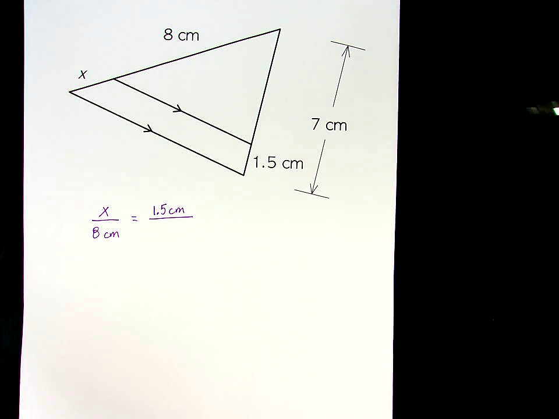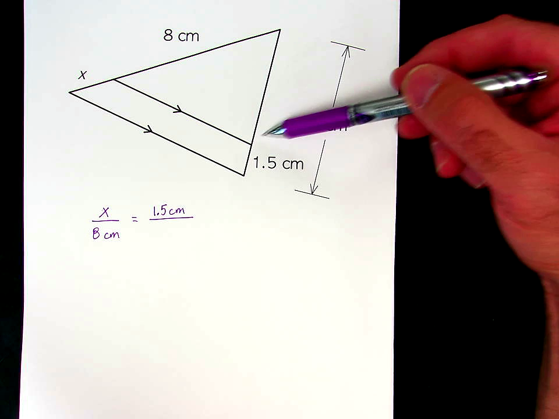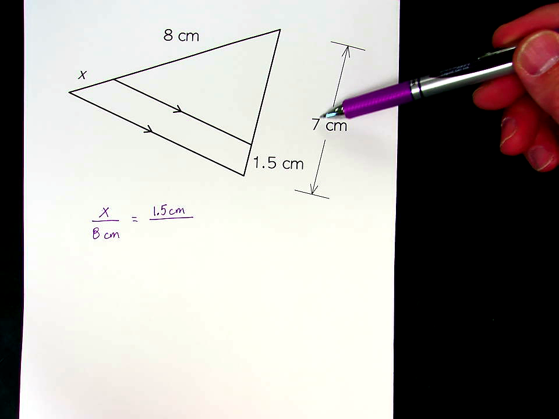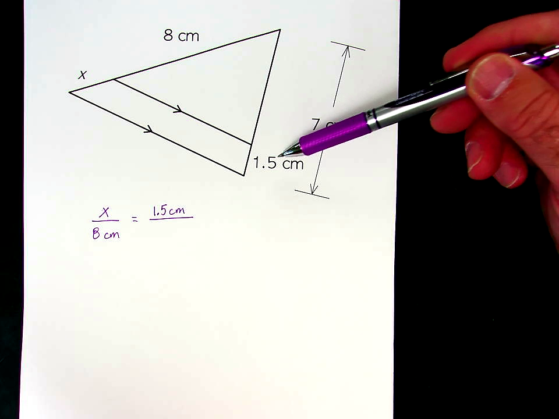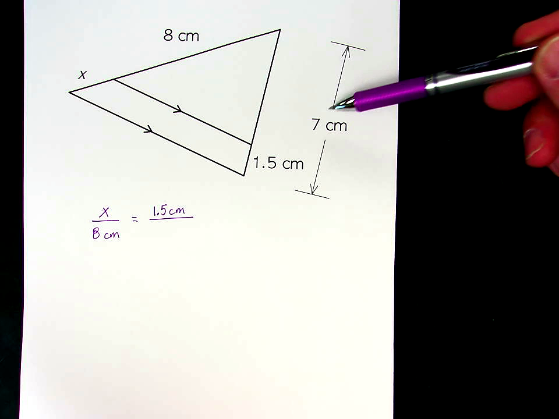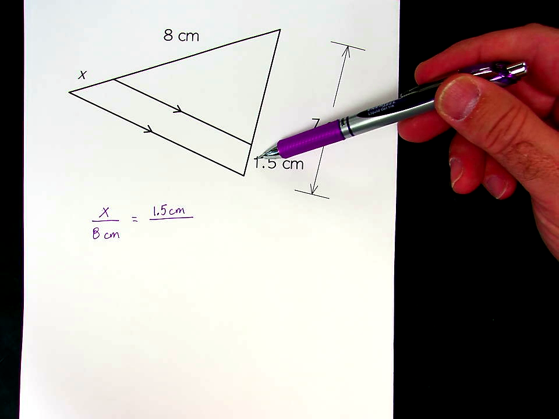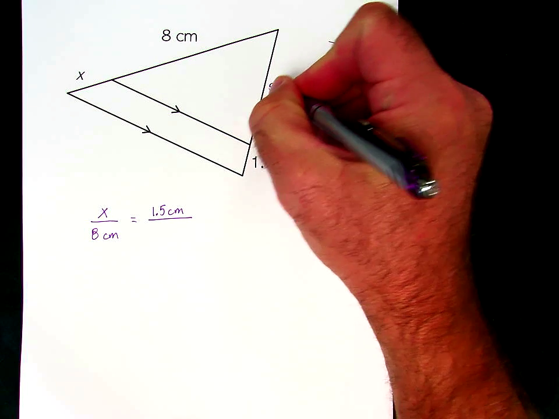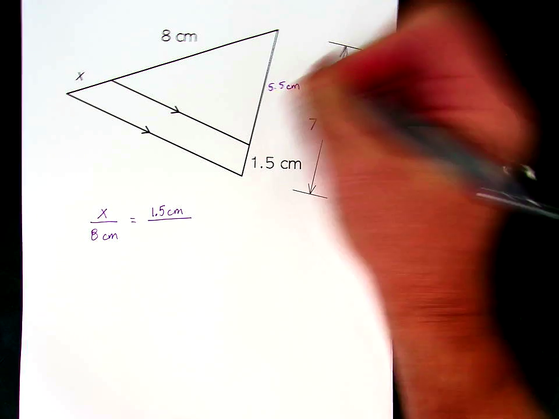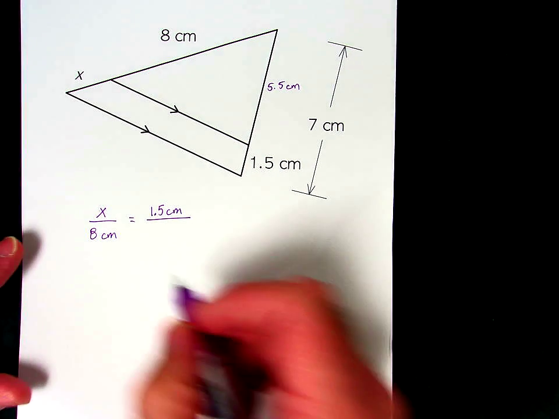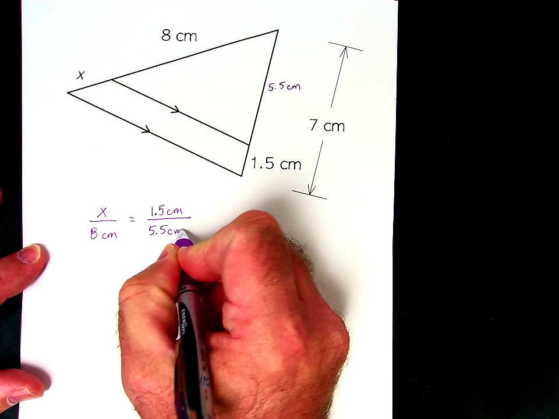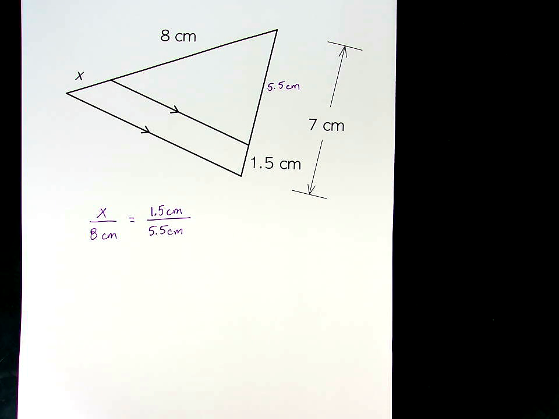Now, I might have to do a little work there because I'm only given this total distance. So if I take 7 centimeters and subtract 1.5 centimeters, 7 minus 1 is 6. 6 minus 5/10 would be 5 5/10 centimeters for that distance. And so that would be the value I would put into that position.